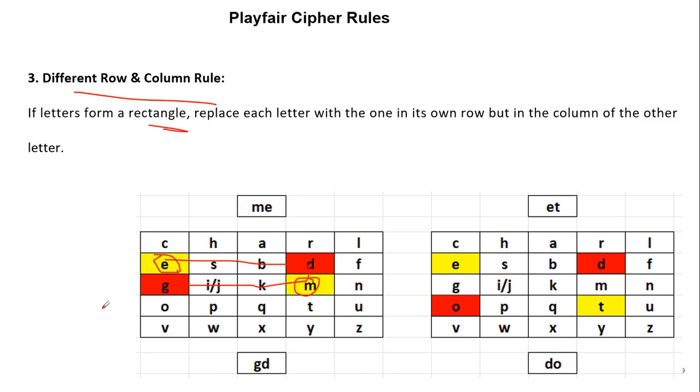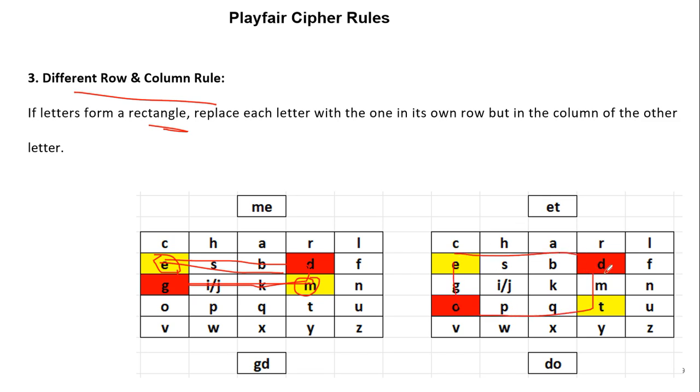Exactly the opposite happens for the column indication in the decryption. So for G and D, when we match G and D, we go for M, and for D we go for E. Next is ET. E and T again form a rectangle.